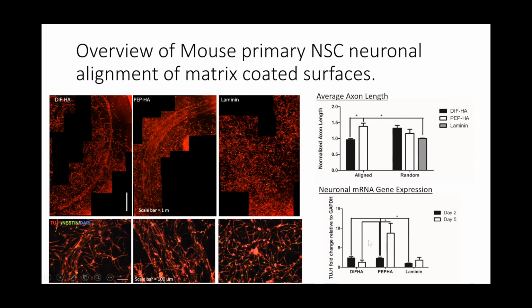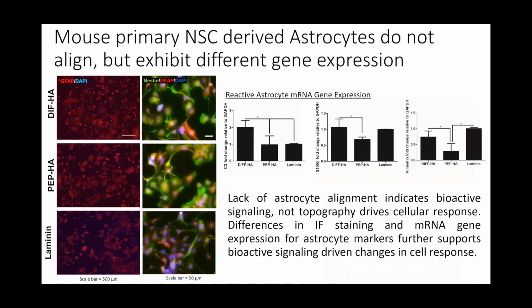So we're organizing the cells, and we're affecting the cytoskeleton just by coating the PEP-HA with these two peptides in an optimized concentration on the surface. What gets really interesting is we take that same base level cell, but we just change the chemicals that we're putting in the media. So instead of driving it to be a neuron, we're driving it to be an astrocyte.